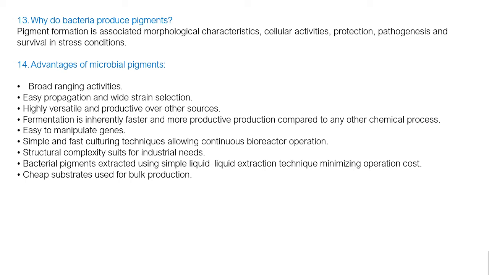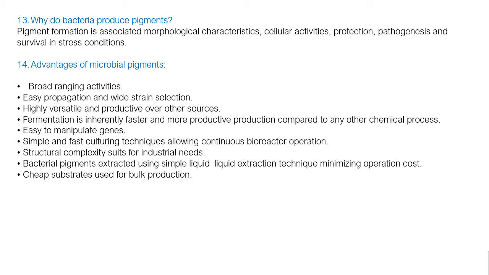Okay, so what are the advantages of these microbial pigments? Why microbial pigments? Okay, so they have broad range activities, they are easy to propagate and wide strain selection, highly versatile and productive over other sources. Fermentation is inherently faster and more productive compared to any other chemical process.